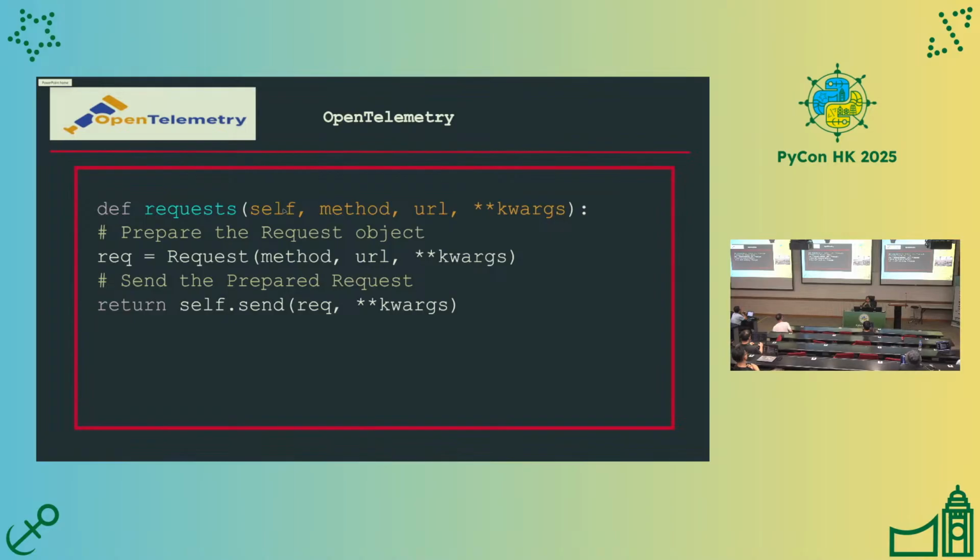Be it any method, you're using get, post, put or delete, it is underneath going to call the send method. So what we are going to do is instrument this send method itself now. We'll understand the time it takes for execution, we'll understand how it works. We'll add a span to this send method itself.